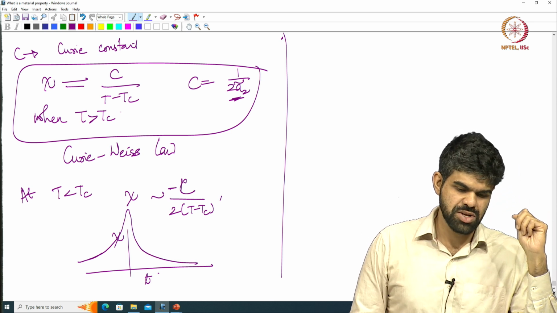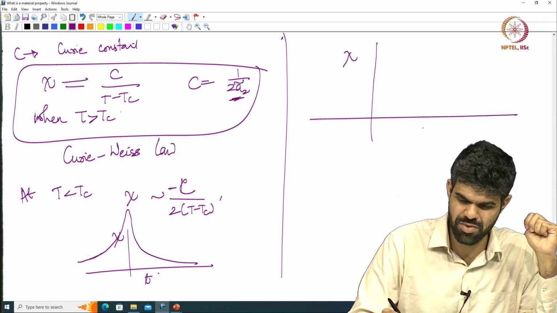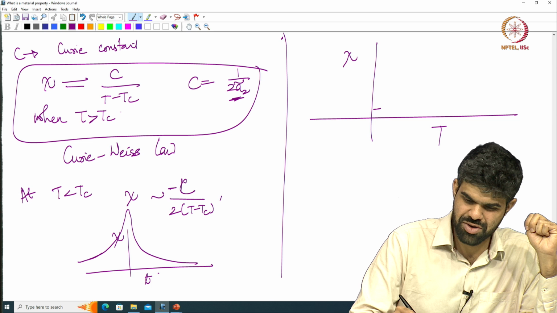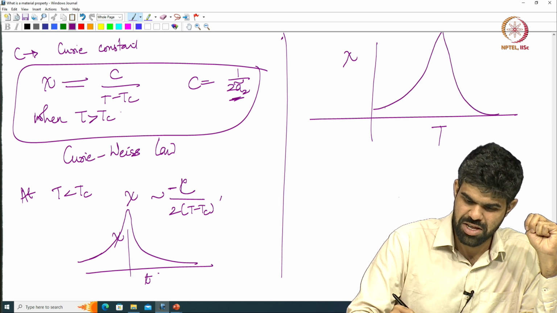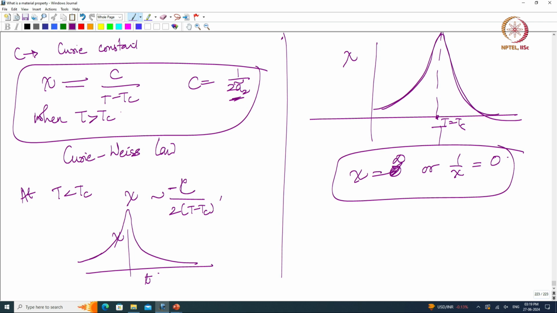So, I have this sort of plot, susceptibility versus temperature, just from my Landau theory. Ideally at T equal to Tc, the value of 1 by susceptibility is 0, or susceptibility is infinity. This means that at T equal to Tc, I have infinite fluctuations of polarization.